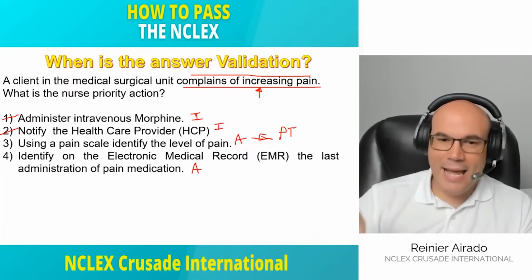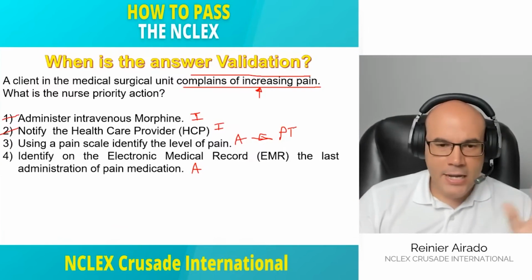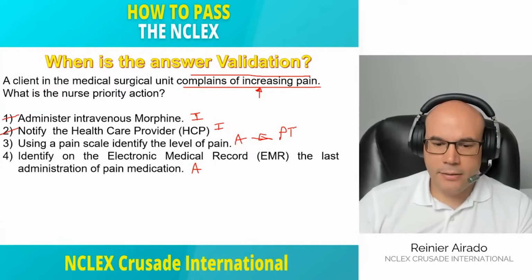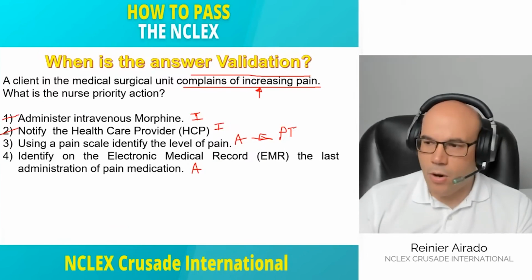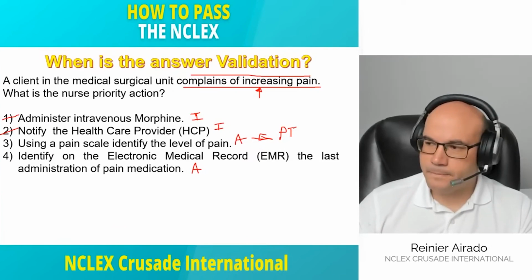Identify the level of pain. Patient, what is your level of pain? 0 to 10, 1 to 10. What is it? Identify the quality of the pain. Is the pain radiating anywhere? These are important questions to ask.